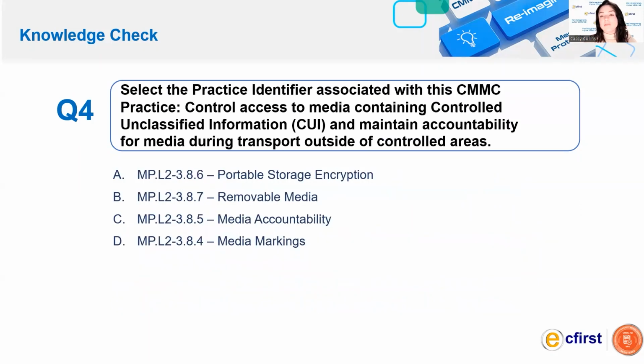Select the practice identifier associated with this CMMC practice. Control access to media containing controlled unclassified information and maintain accountability for media during transport outside of controlled areas. And our answer for question 4 is C, media accountability, which can be found at MP.L2-3.8.5.